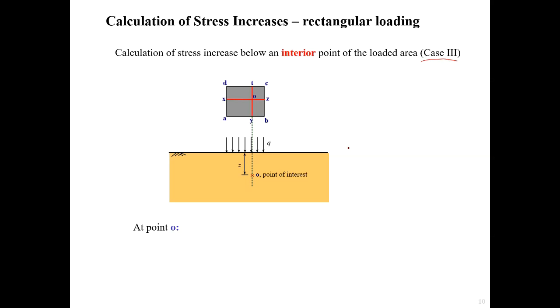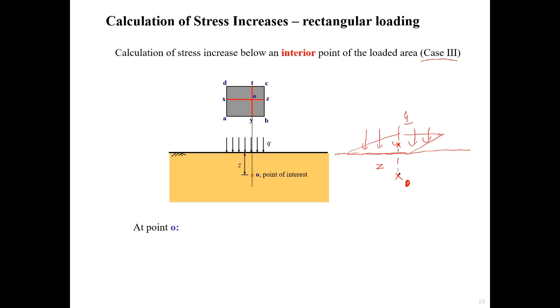If I make a drawing, that will be the rectangular loading with the load Q acting on the ground surface, and you have a point O, which is 2 meters below the ground. That's the scenario. We are required to calculate the stress increase at point O.